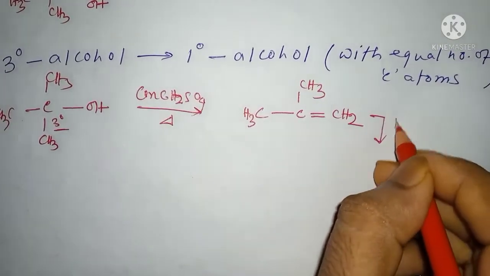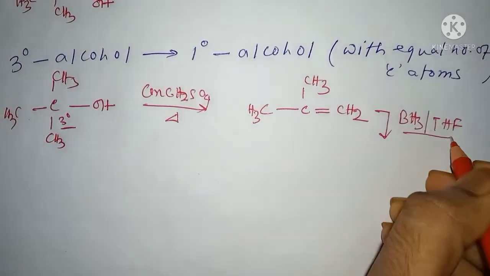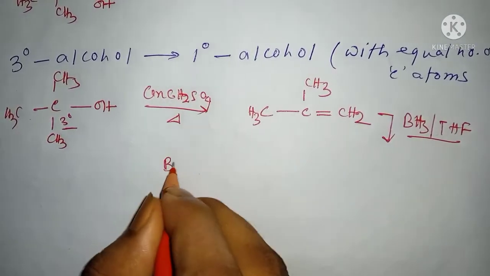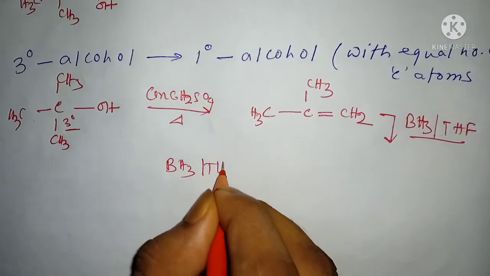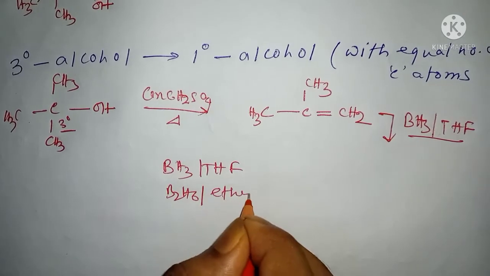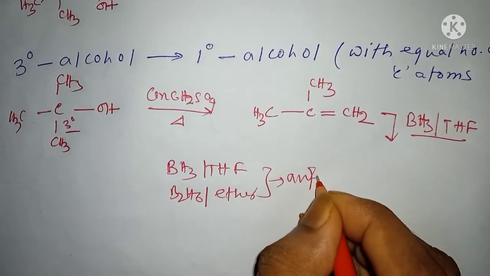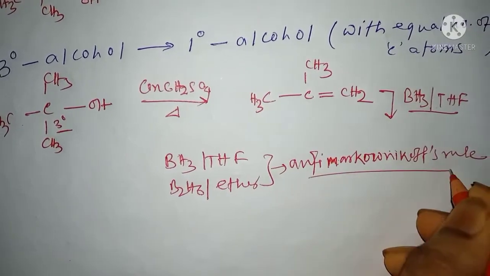Now in the presence of BH3 THF, this is a hydroboration reaction. Hydroboration with BH3 THF or B2H6 in ether follows the anti-Markovnikov rule.